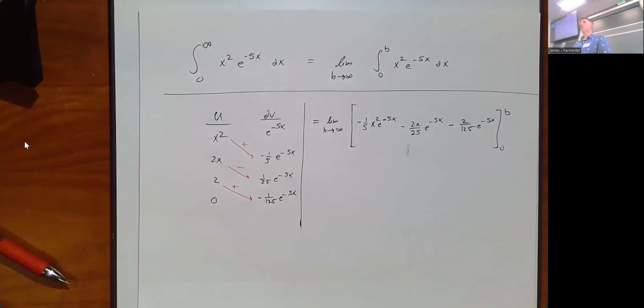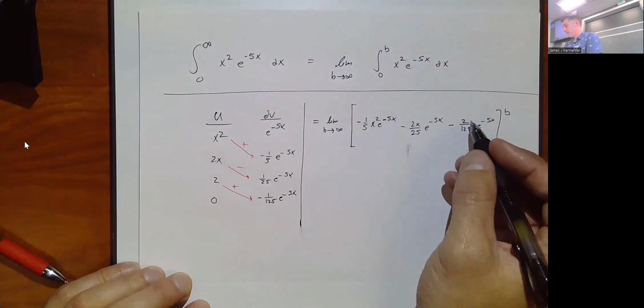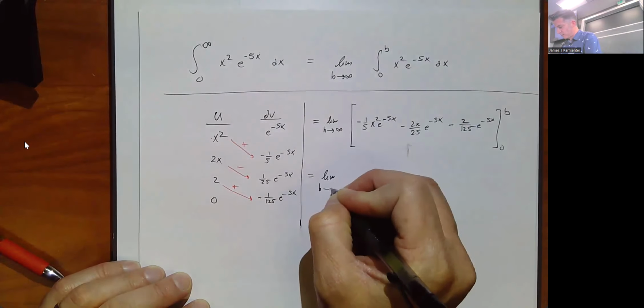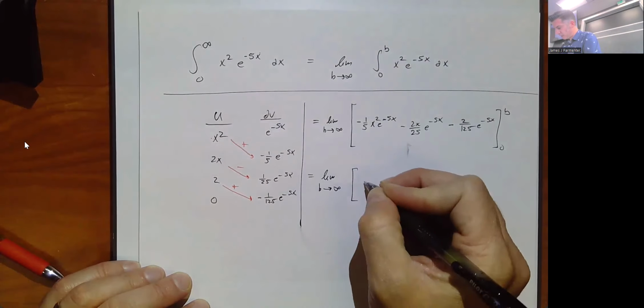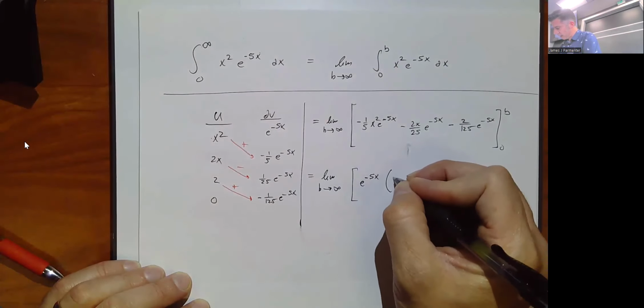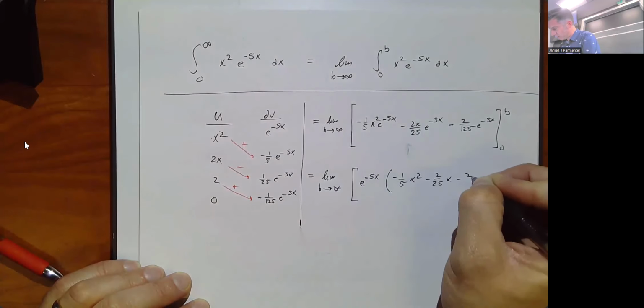And I don't think you're required to know L'Hopital's rule for this class. Normally you would do this using L'Hopital's rule, but we're going to skip that because here's what you should do. Factor out the e to the negative 5x, right? This is the limit as b goes to infinity of e to the negative 5x times negative 1/5 x squared minus 2/25 x minus 2/125.